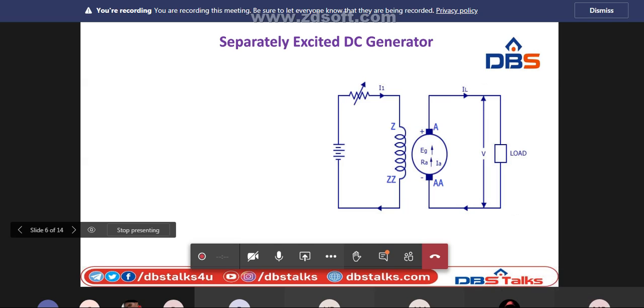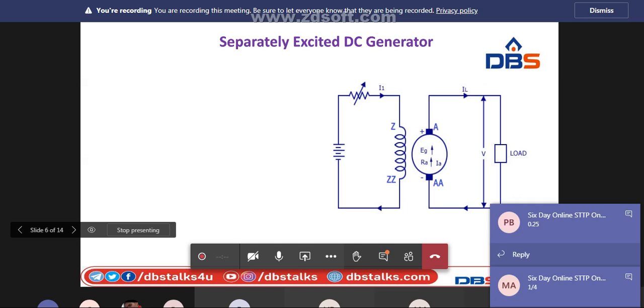Now the equations, the voltage current relationship. From the diagram, look at the picture all of you. IA is equal to IL, right? IA is flowing like this and IL also is flowing like this. So both are same, IA is equal to IL.